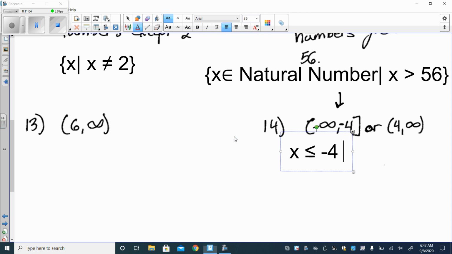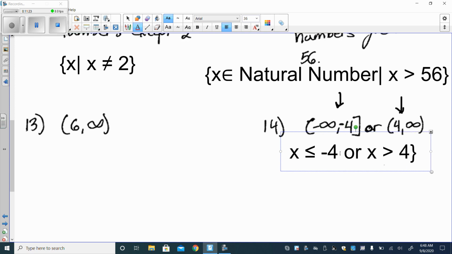The one on the right, 4 to infinity, is talking about all the numbers where x is greater than 4. So we are saying, or x is greater than 4.